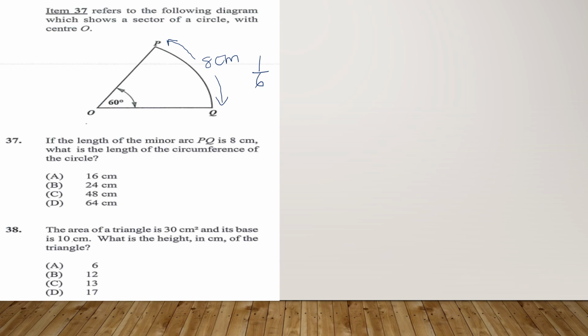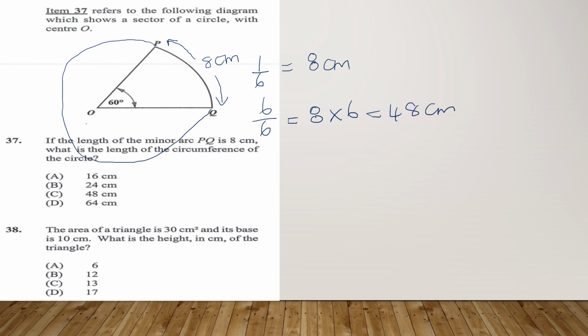So if 1/6 is equal to 8 centimeters, that means the entire circle, because remember it's part of a circle, there will be 6 one-sixths in this circle. So we're multiplying 6 over 6, so 8 times 6, which is 48 centimeters.